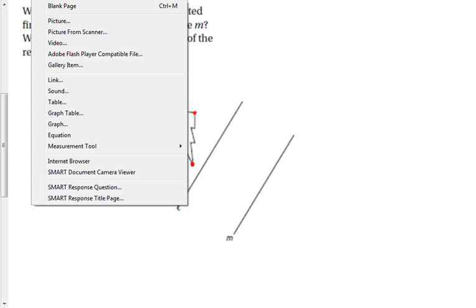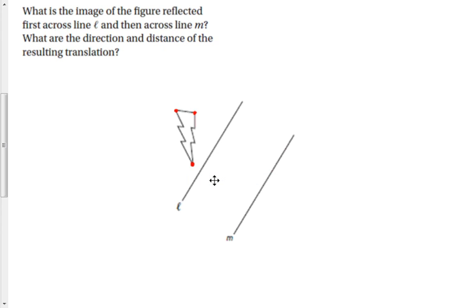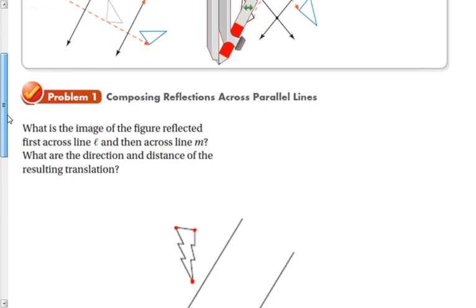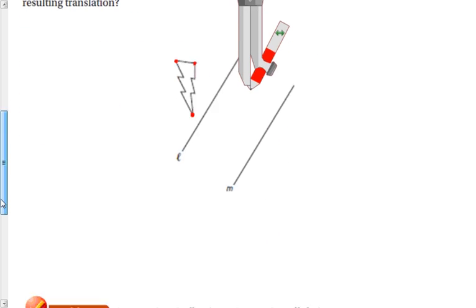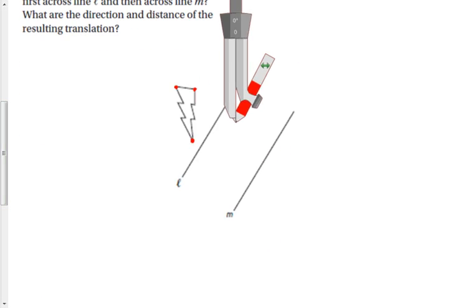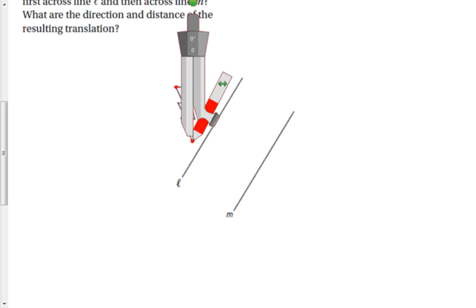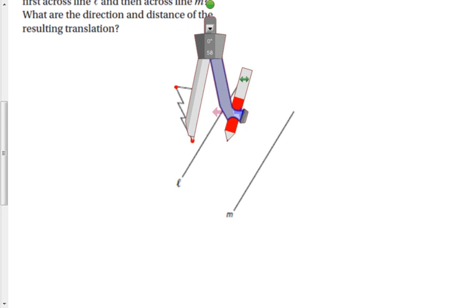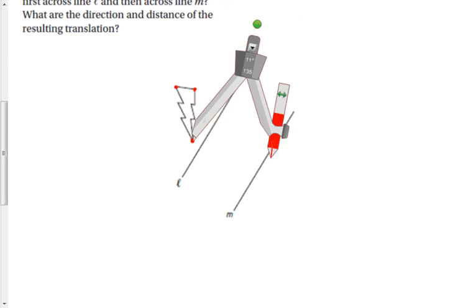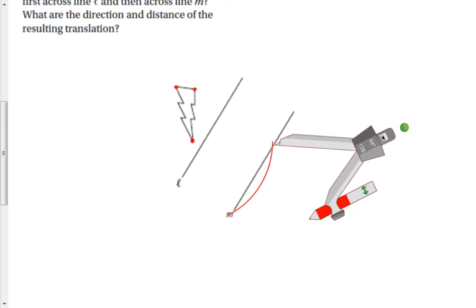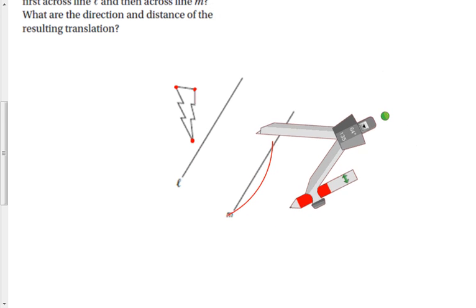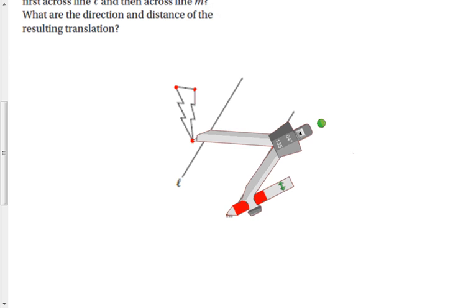So I'm going to grab that and use it to create a perpendicular line. And I'm going to do it from this point. Go ahead and open that up. Okay, so now I can use those two points. Let me make it a little smaller here.